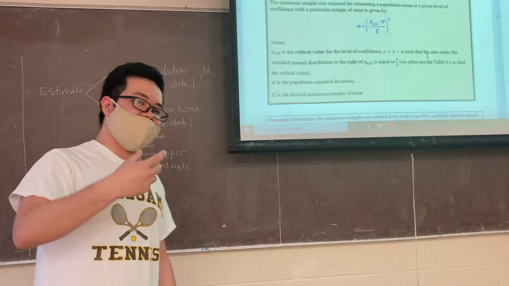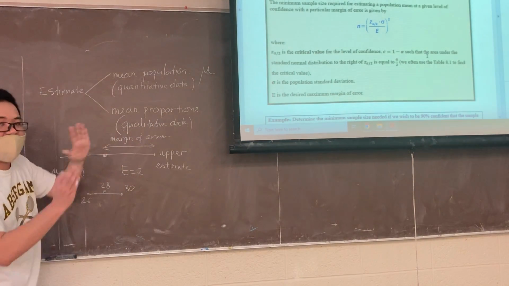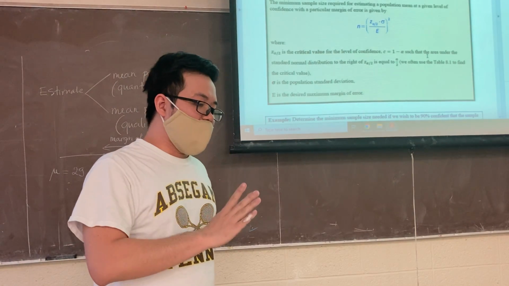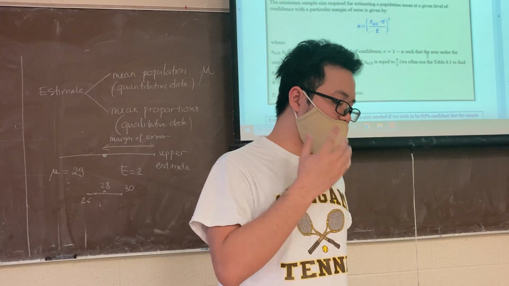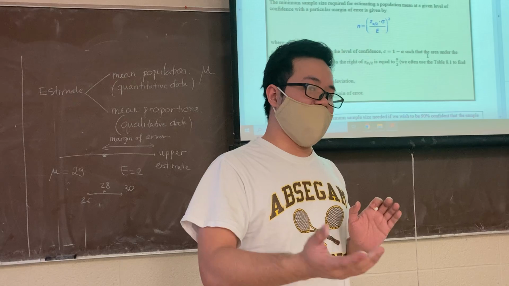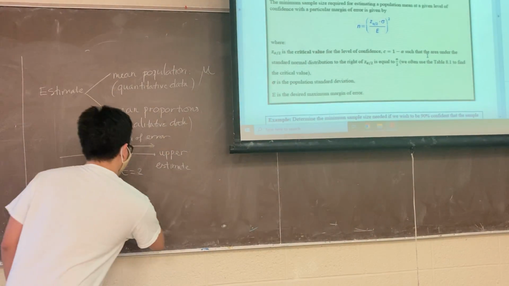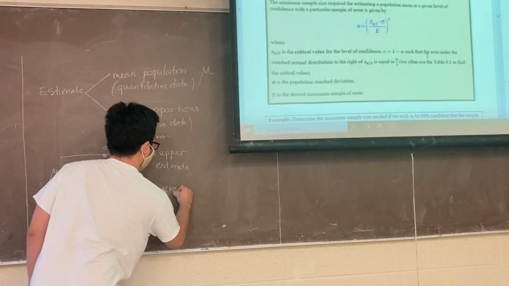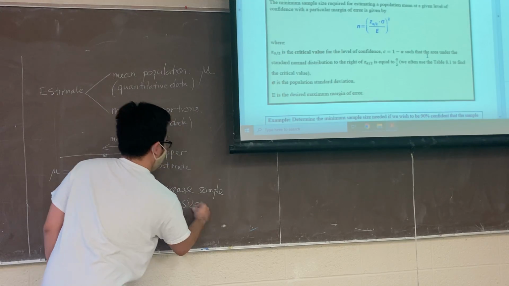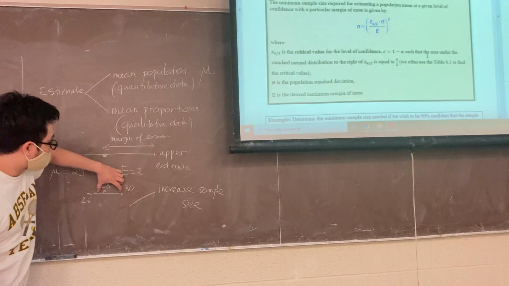So the question is, how do we get a smaller margin of error? We can do that if we take more surveys. That means we will increase the sample size. If we increase the sample size, the margin of error will be smaller.